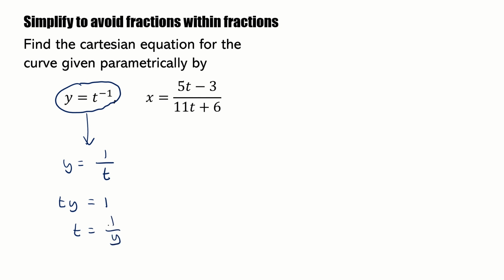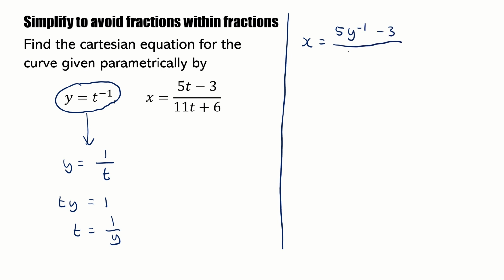We've got an equation that's t equals, which we can then use to eliminate the t that's appearing in the equation for x equals. So doing that, we've got x equals, it was 5t, it's now going to be 5 lots of either 1 over y or y to the power minus 1, however you want to write it. And then on the bottom, 11 lots of y to the power minus 1, and then plus 6.